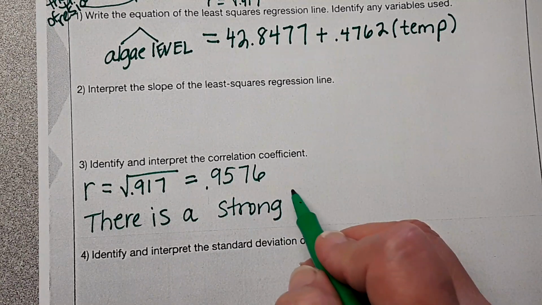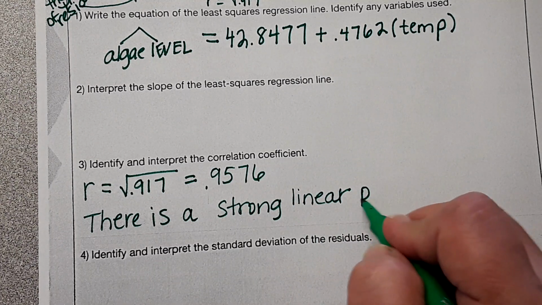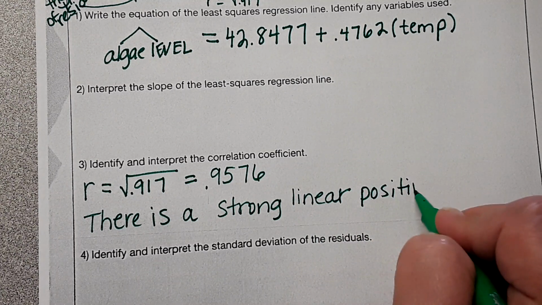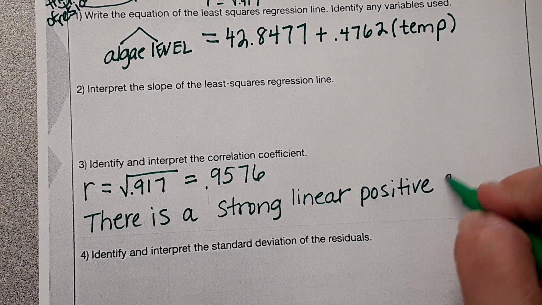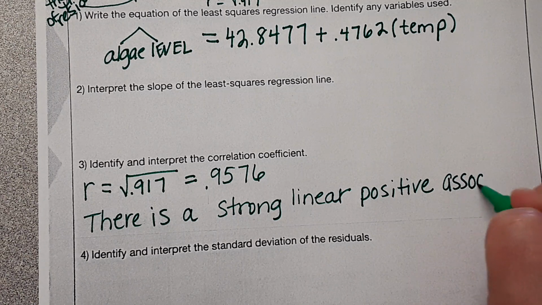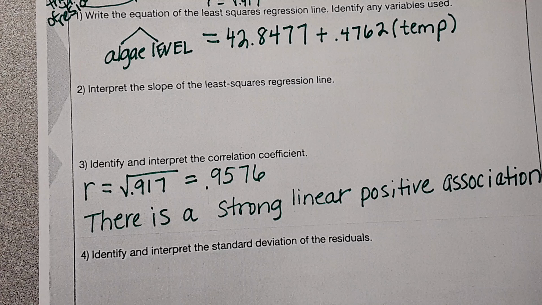That there is a strong, linear, positive. You guys, you can use the word relationship or association. Stay away from correlation. They don't like that word. I always use association. That's the one I choose. I've seen relationship and that one is good, but stay away from correlation.